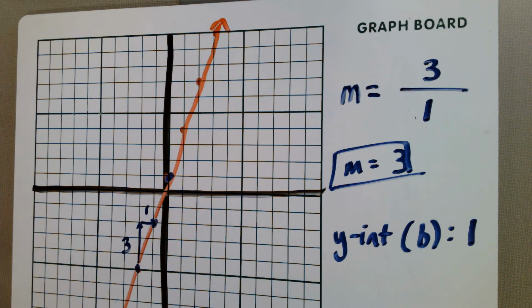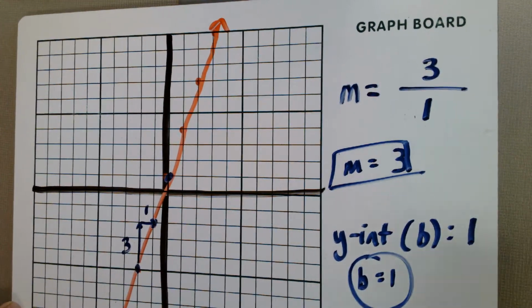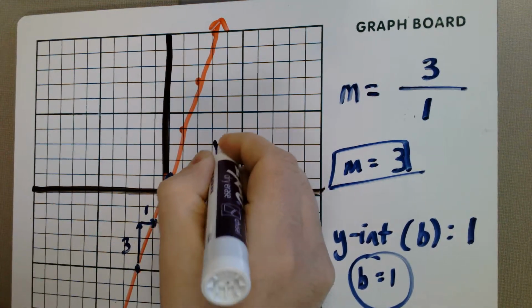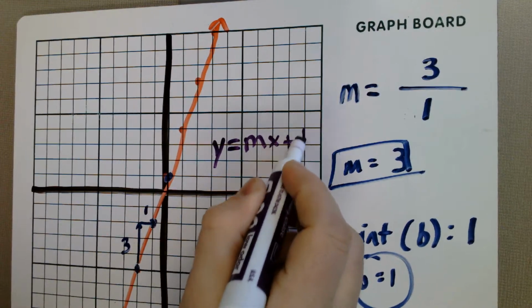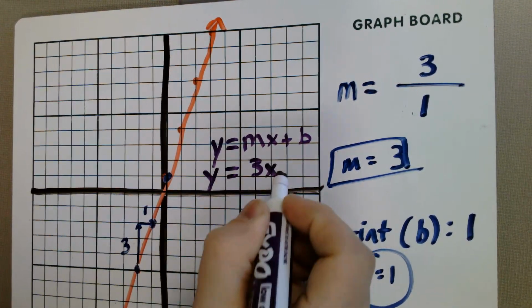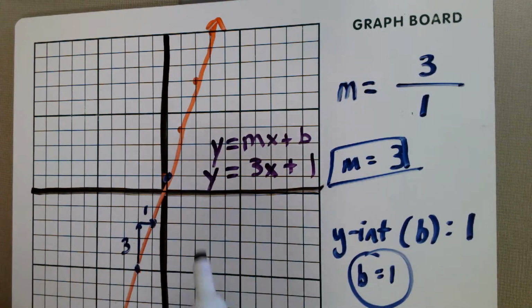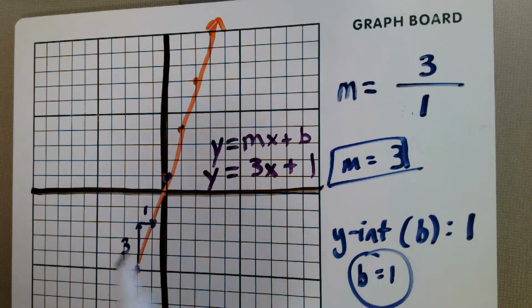And so if I know both of them, slope m equals 3 and y-intercept b equals 1, I can write the equation of my line in slope-intercept form, y equals mx plus b. So in our case, it's going to be y equals 3x plus 1. It starts at 1 and goes up 1, 2, 3, and over 1. That's how we know that this is the equation of a line.